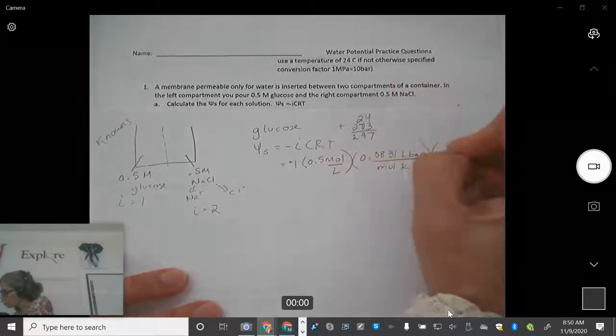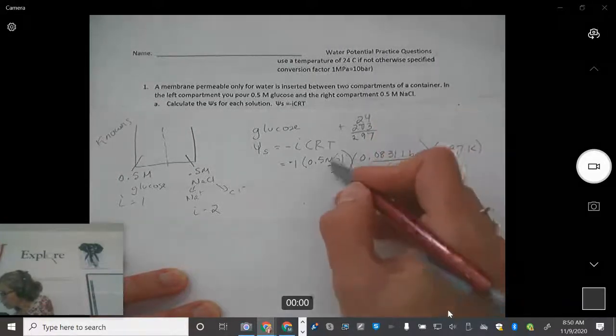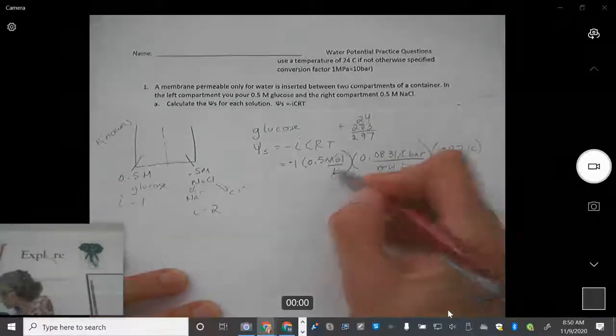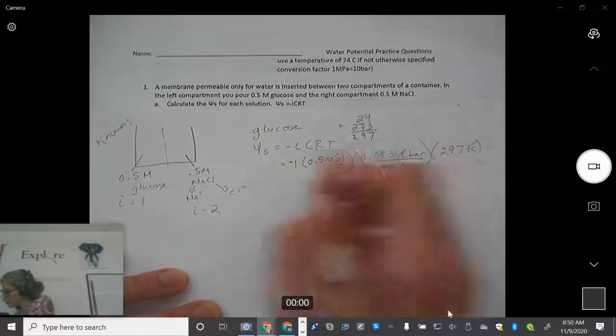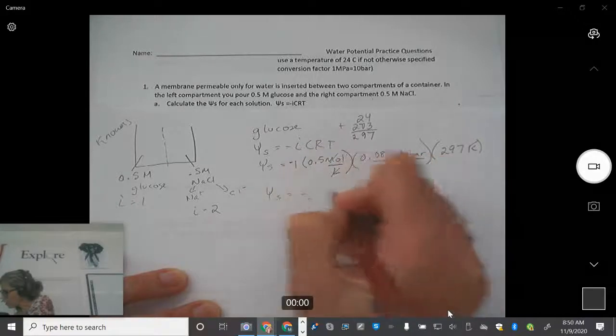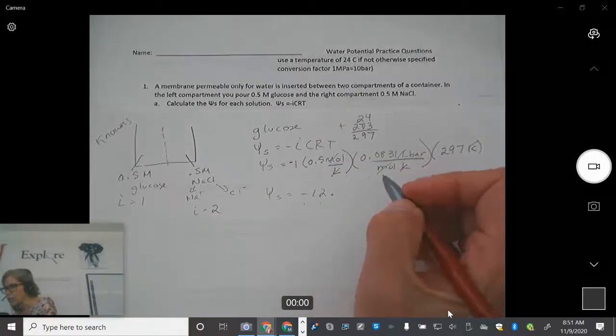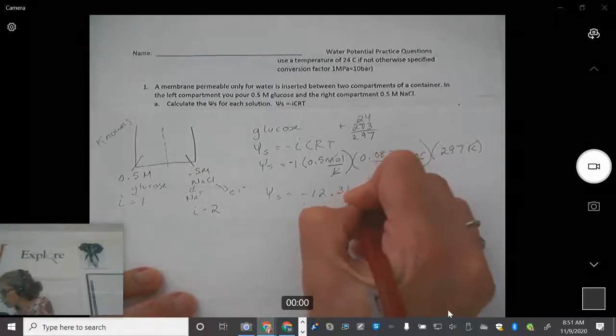So I'm going to use a temperature of 297 Kelvin. Now look at my units. I can cross out the moles, top, bottom. I can cross out my liters, and I can cross out Kelvin, which leaves me in bars, which is what I want. If I multiply all that stuff together, I get 12.3 bars.